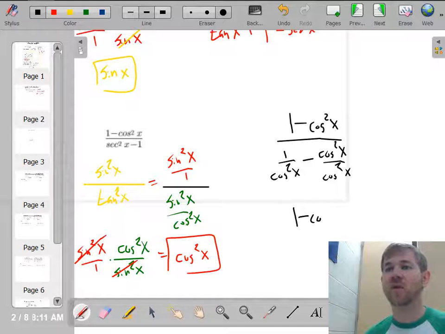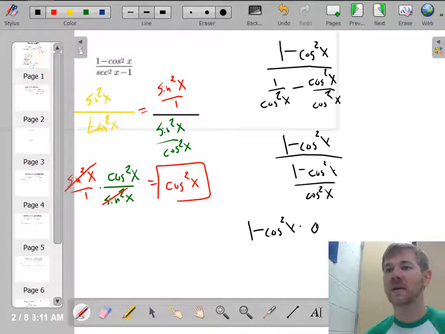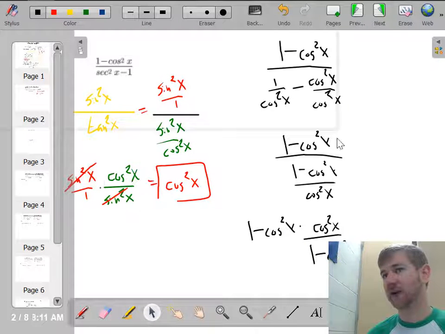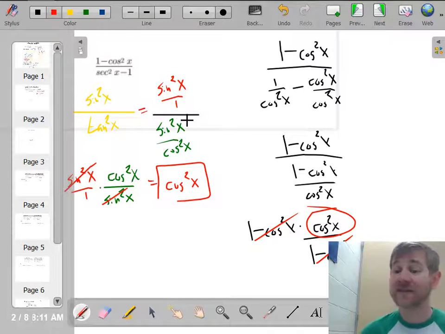Then, if you copy, change, flip, the numerator times cosine squared x over the denominator, these are going to cancel out, and you just end up with cosine squared x. Same thing, different way to get there. Lots of approaches.